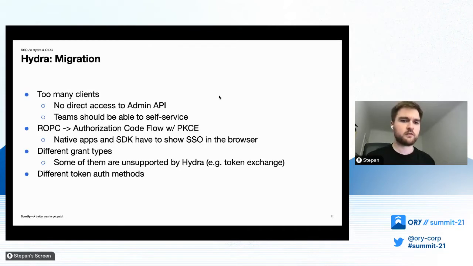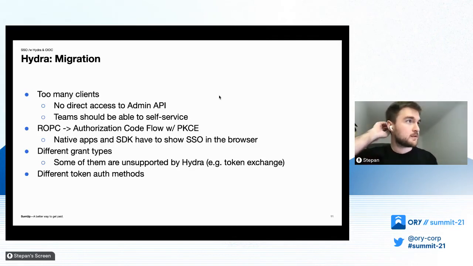And we have to support different grant types, and some of them are not supported by Hydra. For example, token exchange, where you want to impersonate or delegate the token. In this case, we had to, again, add this to our fork. And I hope that Hydra will get support for token exchange soon, so we can migrate all that.